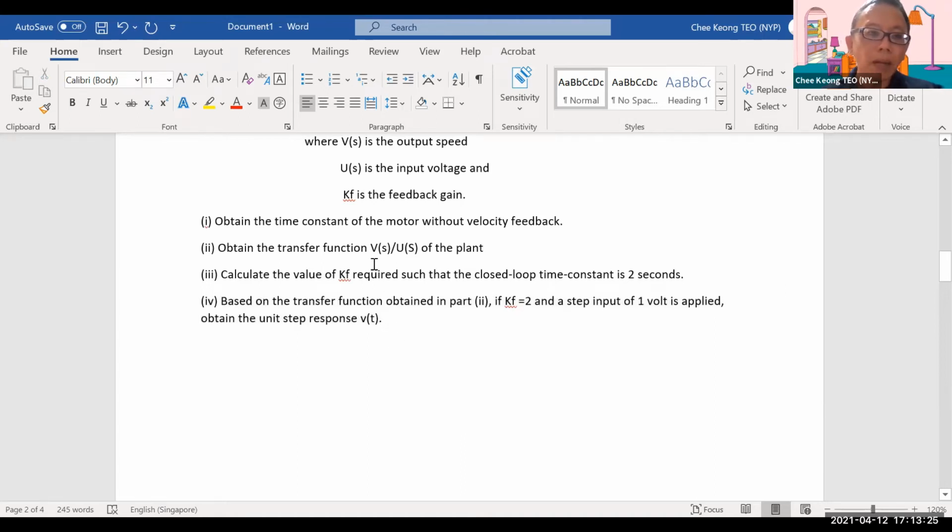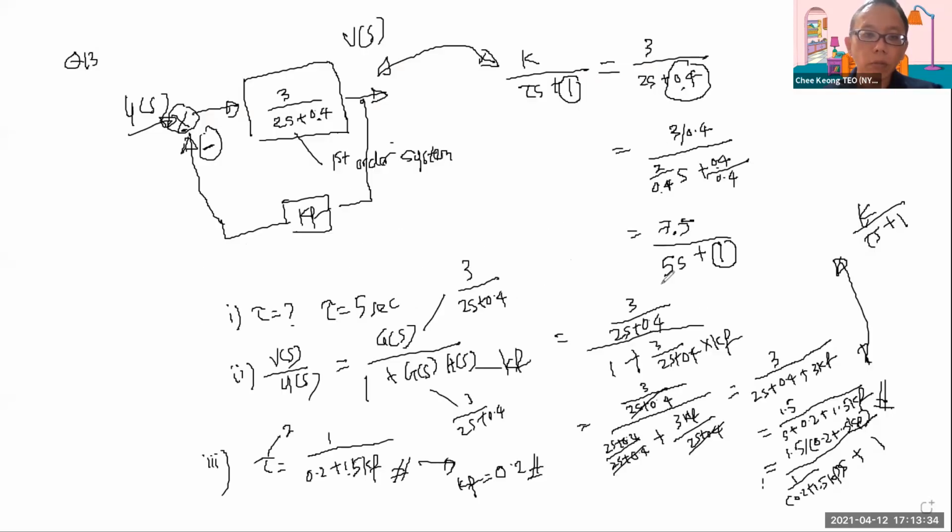So what is part 2? Part 2 is basically this, which is what we have gotten here: 1.5 over s plus 0.2 plus 1.5 kf.